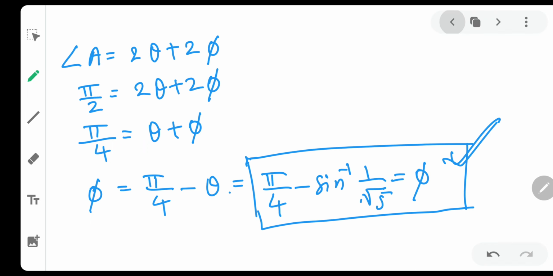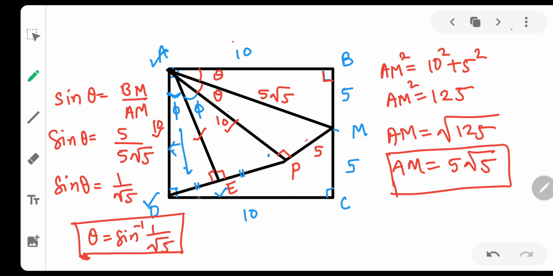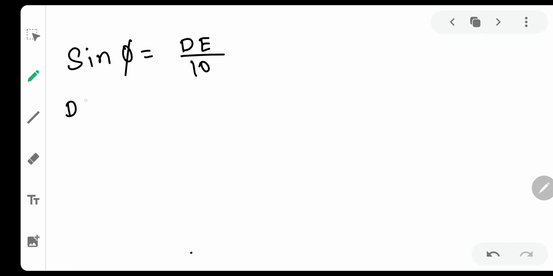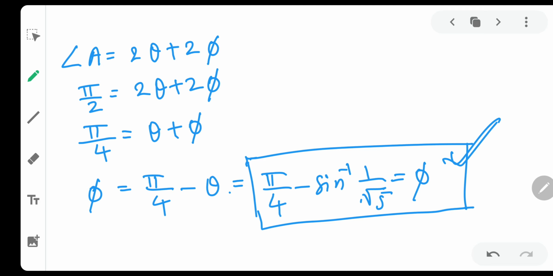Let us go and check, I don't want to commit a mistake. So DE will naturally be 10 times sine phi. Now all the task that remains is calculating sine phi, and that is a little bit tricky. But we will do that.